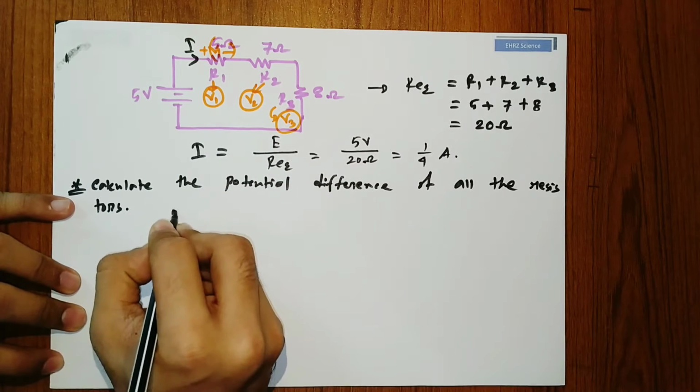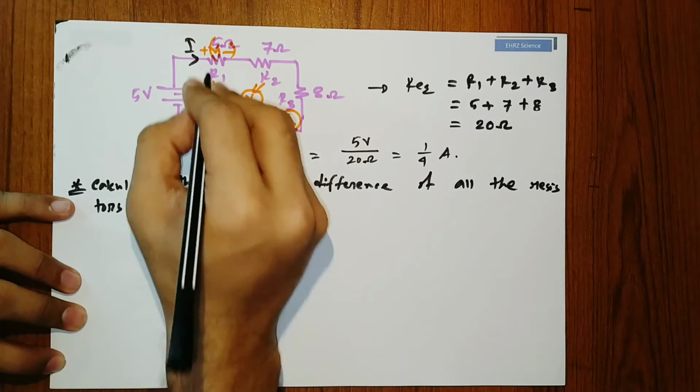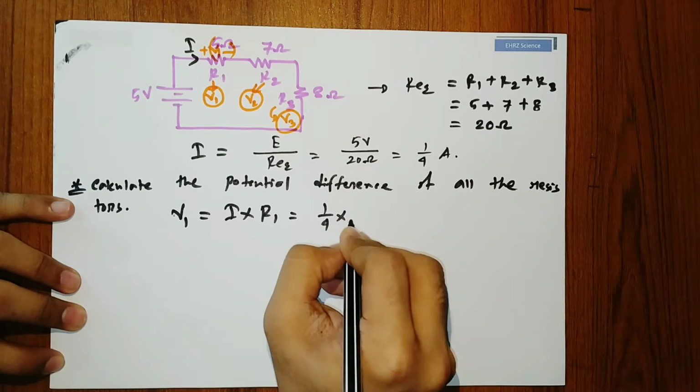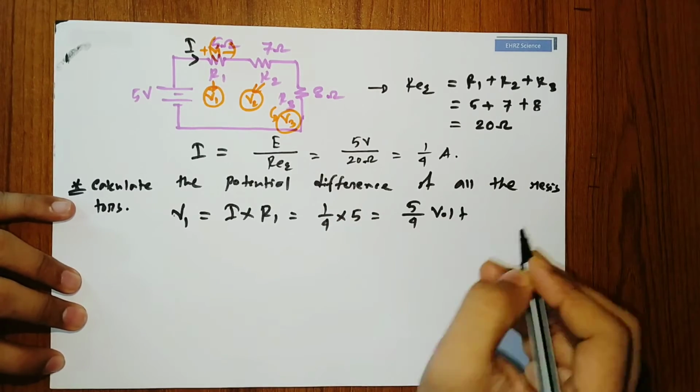We know from Ohm's law that V1 is equal to I times R1, that is 1/4 times 5, which is 5/4 volt.